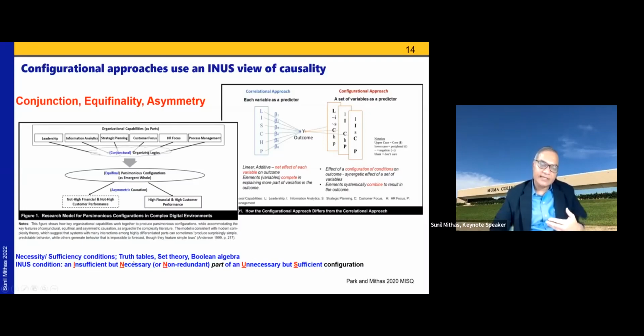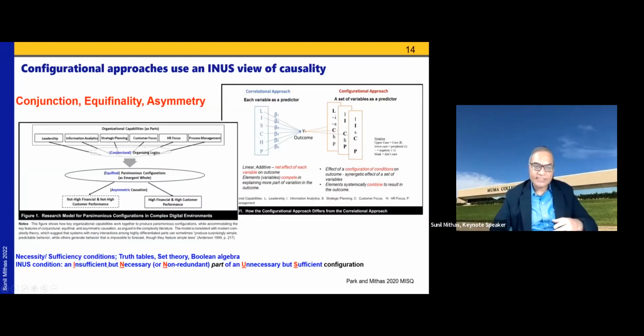And the underlying raw material for this is that from your basic underlying data, you create truth tables, which is nothing but a simple way of saying that identify 6 to 8 conditions and then try to look at all the permutations and combinations of those conditions that result in a particular outcome that you might care about. And then you try to minimize your solution using set theory and Boolean algebra.